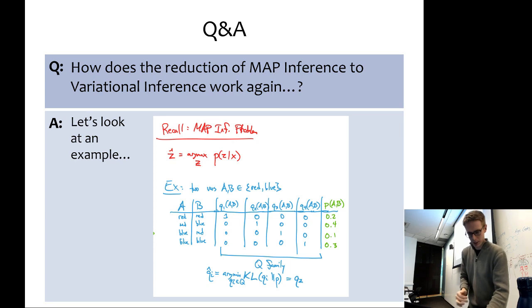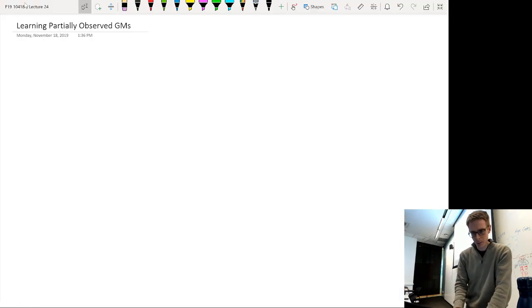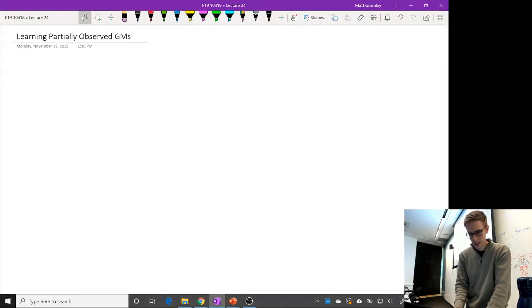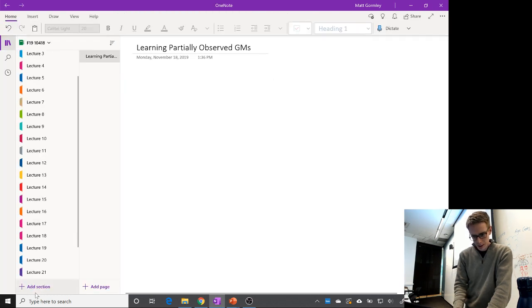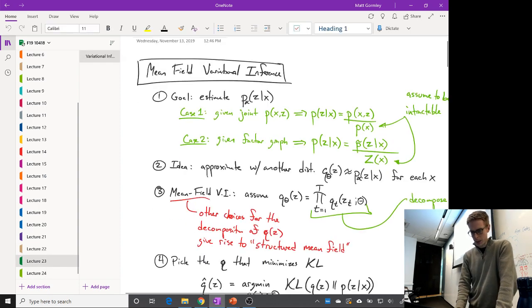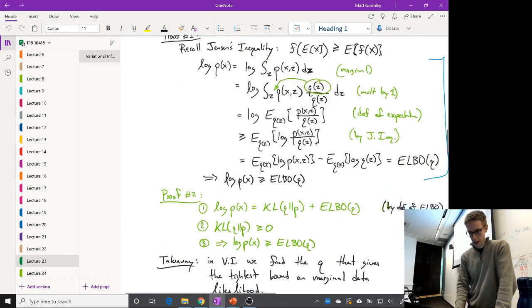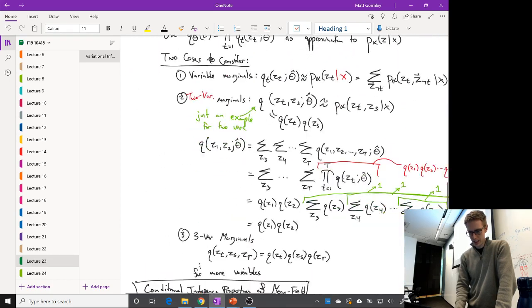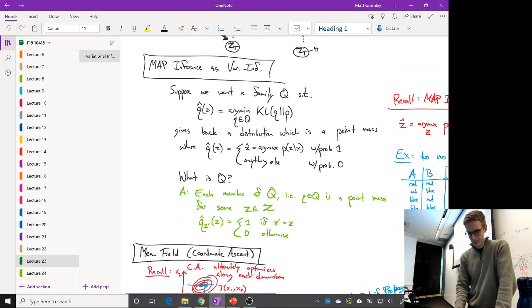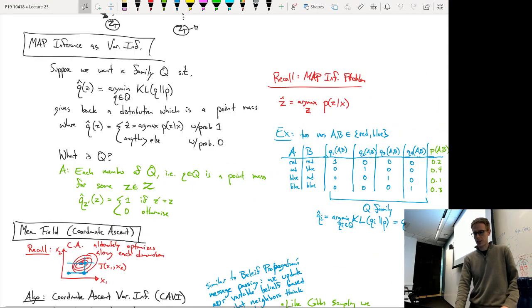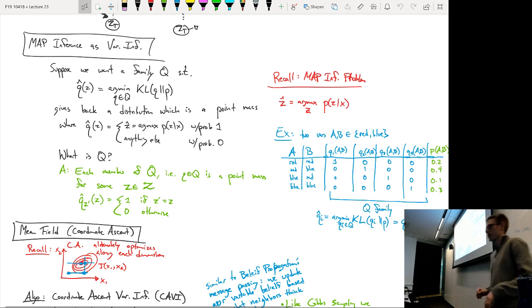Let's pull up the notes from that discussion, where we were thinking about how we could take MAP inference and cast it as variational inference.